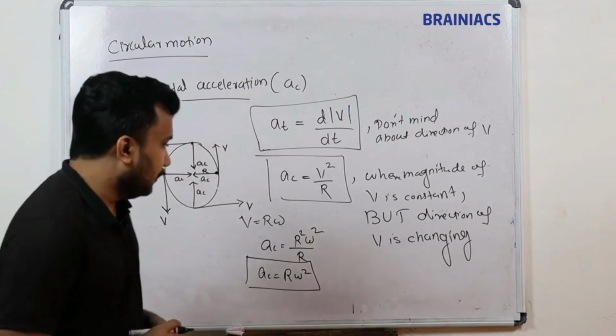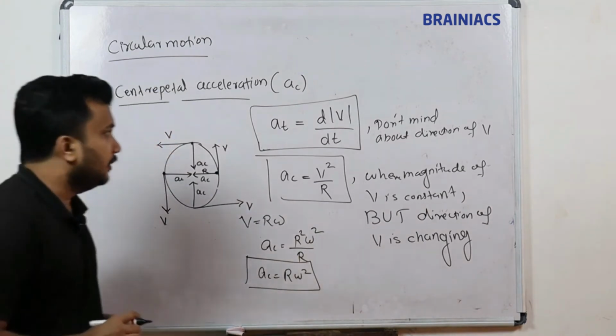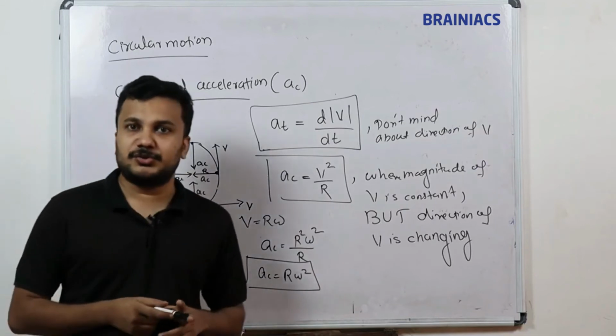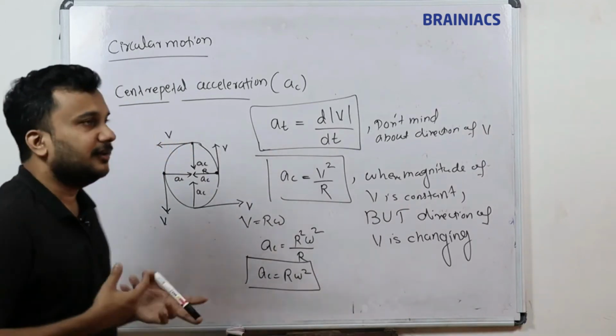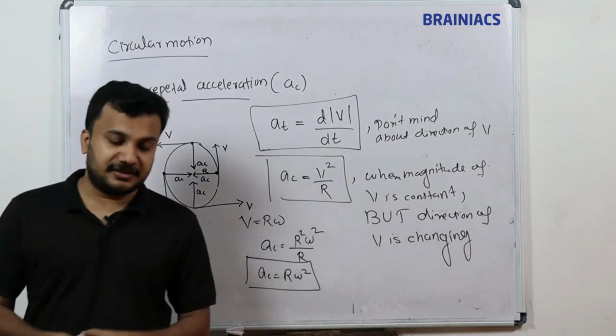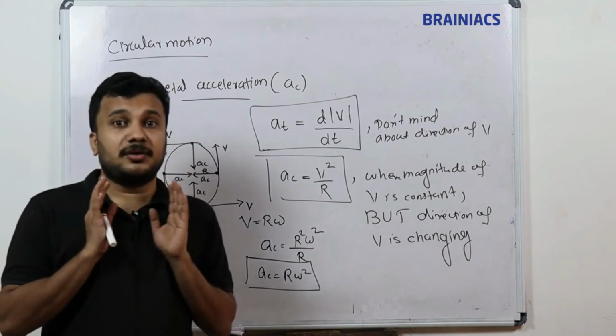Then AC we know, AT we know. Whenever the magnitude of velocity changes, we call it tangential acceleration. Whenever the direction of velocity changes, it is centripetal acceleration.